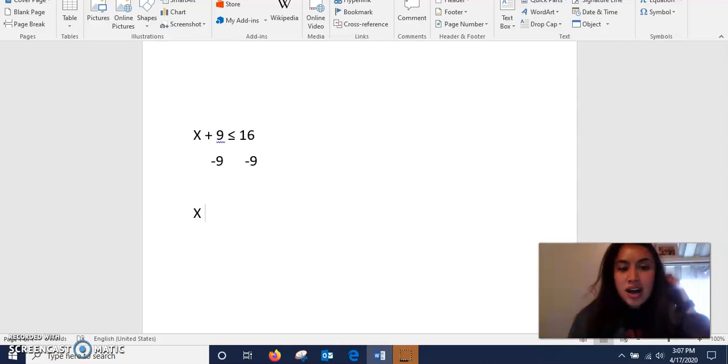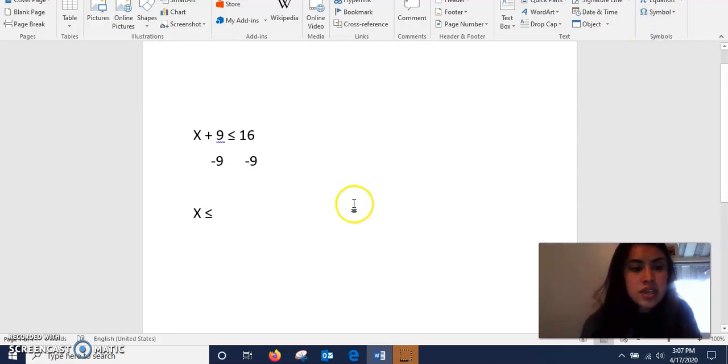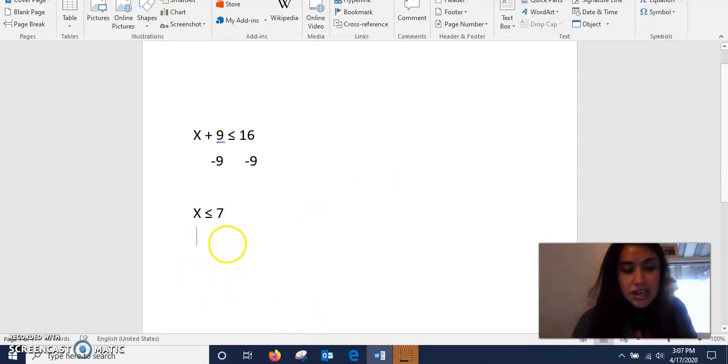Anyways, so I'm left with x is less than or equal to 16 minus 9, 7. So knowing this, I know that x is a number less than or equal to 7.